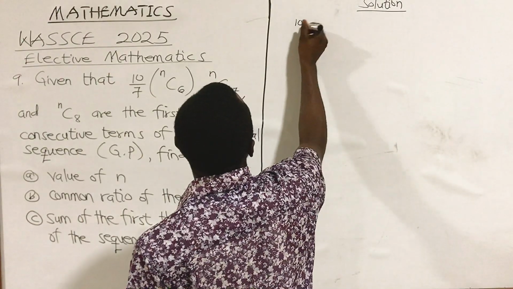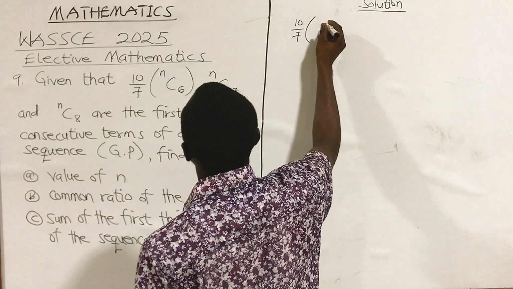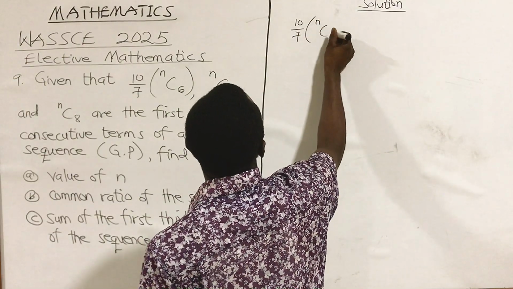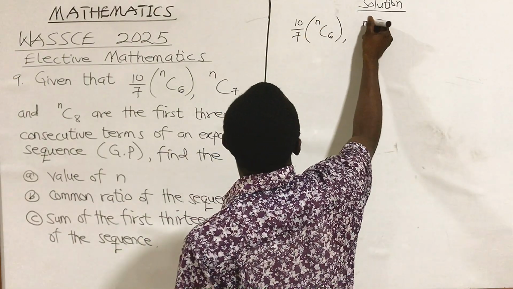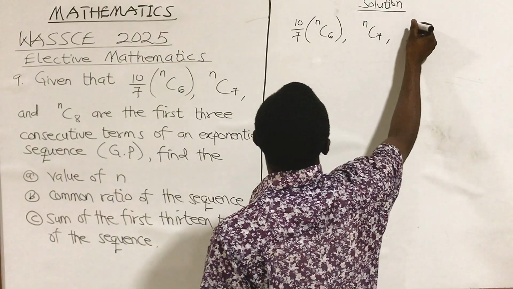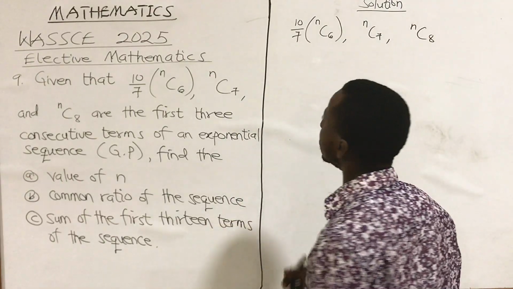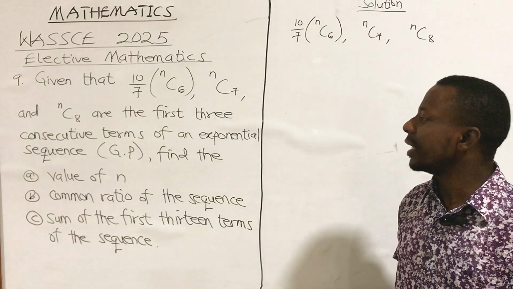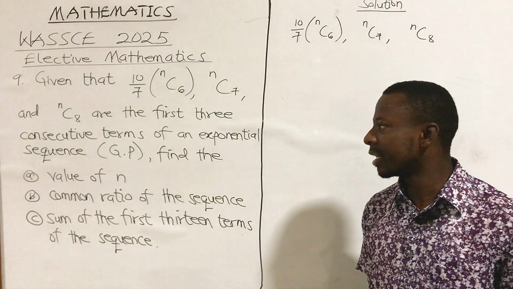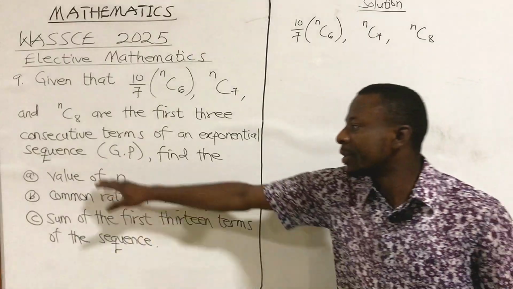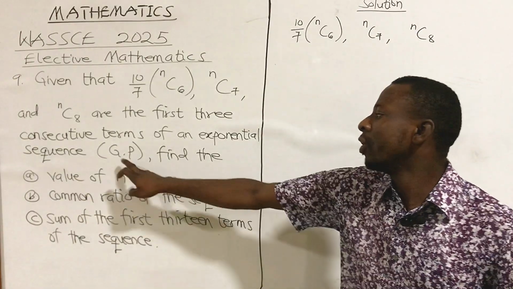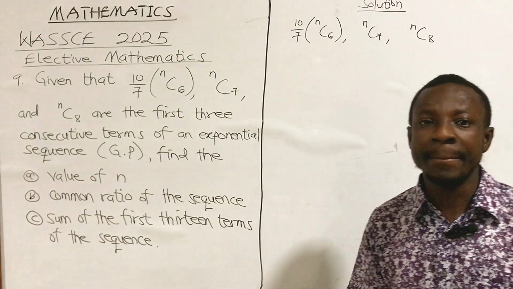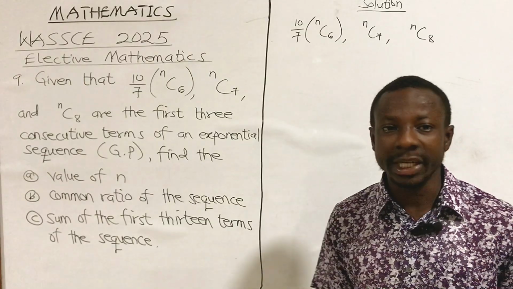We have (10/7) in a bracket, nC6, nC7, and nC8, which are the first three consecutive terms of an exponential sequence, or GP, where GP means geometric progression.